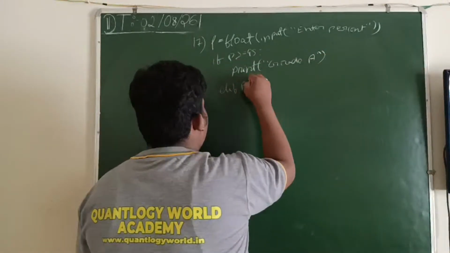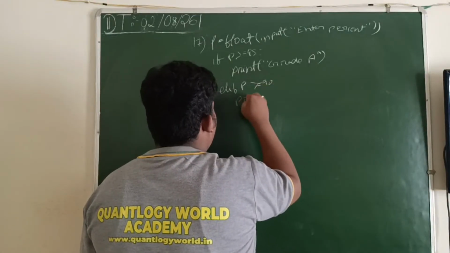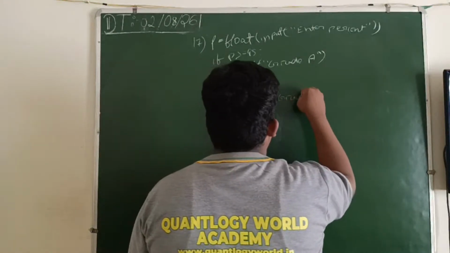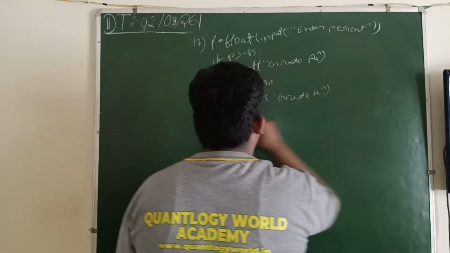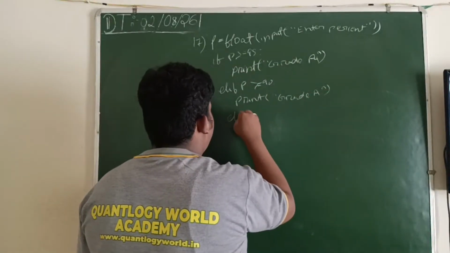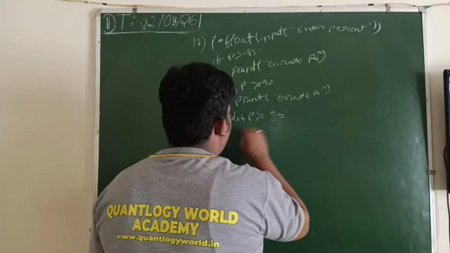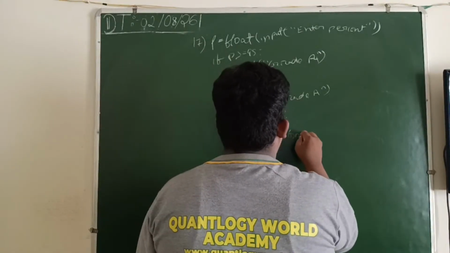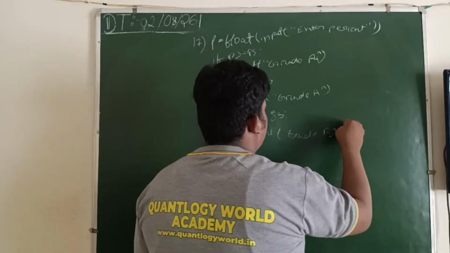And if p greater than equal to 90, print grade A. And if p greater than equal to 85, then print grade B plus.